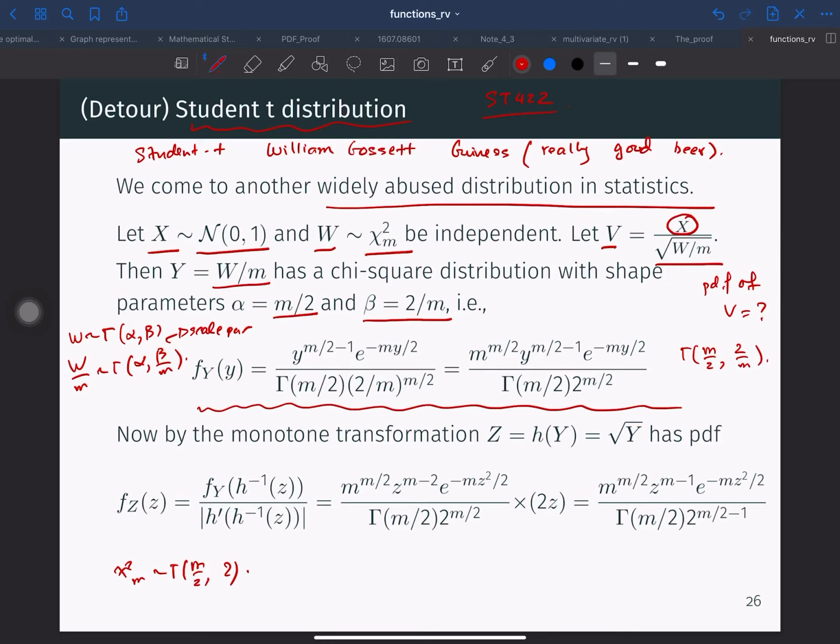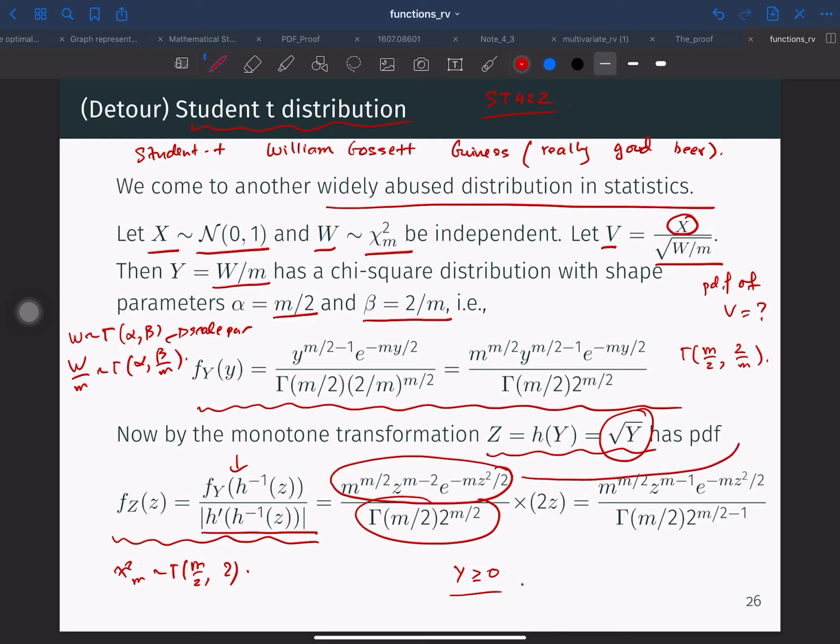Now the next thing I have to do is apply the monotone transformation, the square root of Y. The reason I can apply this monotone transformation is that Y is non-negative, so in that case the square root function is monotone. By the monotone transformation theorem, the PDF for Z is where I apply the inverse, and this is the Jacobian. The PDF of Y I've already told you is up here.